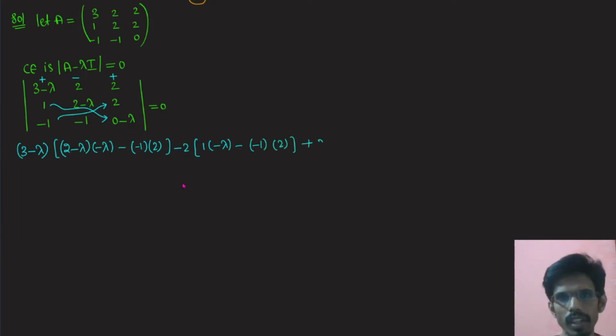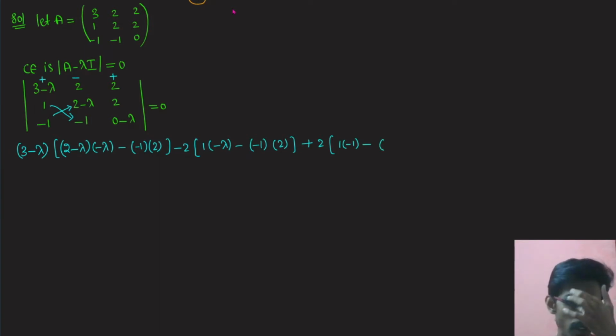Next we have the third element 2 into, leave the first row and the third column. Leaving first row and third column, we have these 4 elements, that is 1 into minus 1 minus of minus 1 into 2 minus lambda equal to 0.